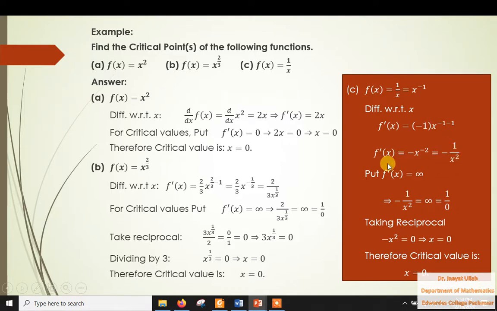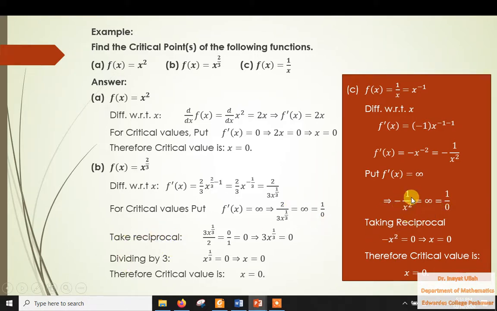We see here that f prime is a rational function in which the variable x is in the denominator. So this is just like part number B, the variable is in the denominator. So use this idea. So put f prime x equal to infinity. So it means that minus 1 by x square equal to infinity, and infinity is actually 1 by 0. Now in the same way, take the reciprocal of both sides.